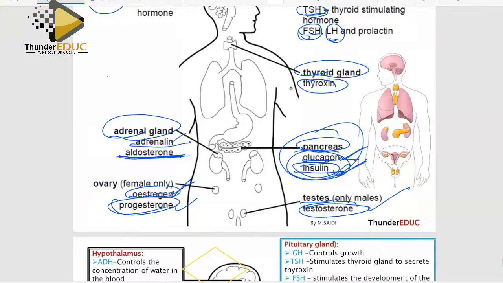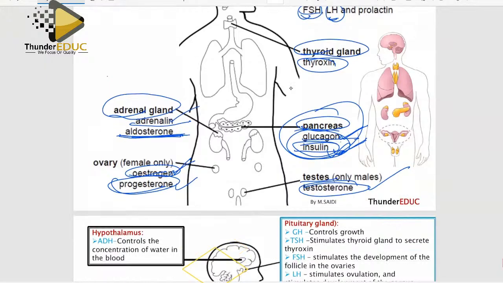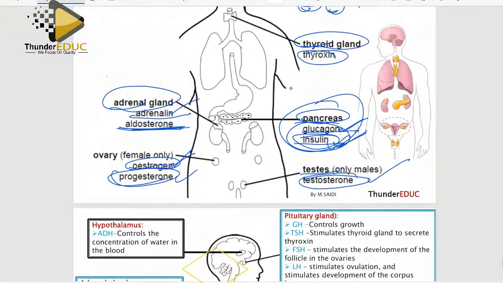Then you have adrenaline. This one is for emergency. When you see something scaring you, you have to prepare yourself for emergency. Your eyes dilate, the blood is pumped to organs like the heart and the muscles, the skin will be drained of blood because we don't need it there.